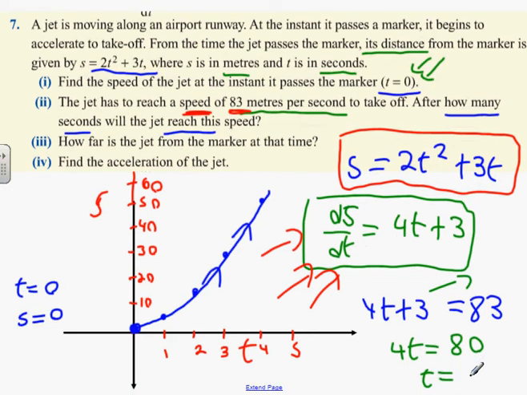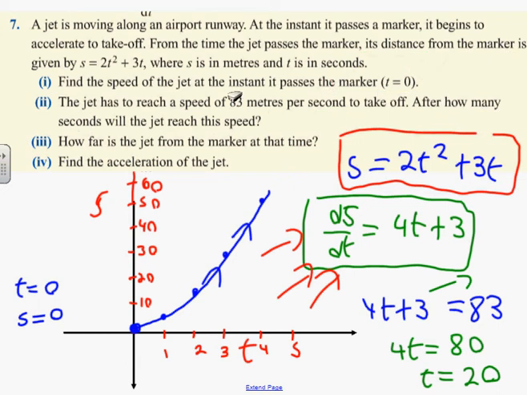We've now done part 2. Now we're on to part 3. How far is the jet from the marker at this time? How much distance has it covered after 20 seconds? Do I use the red box or the green box for a how far question?